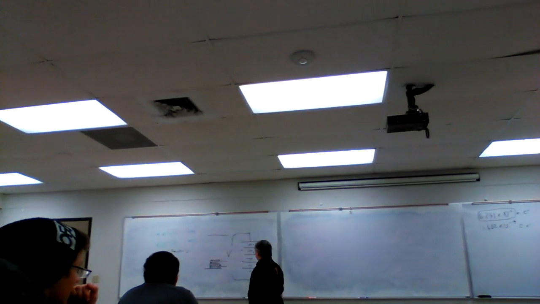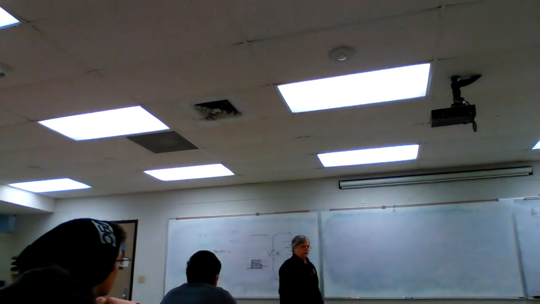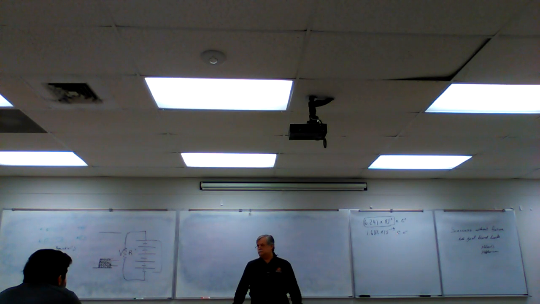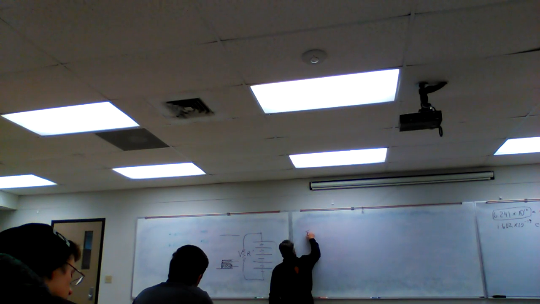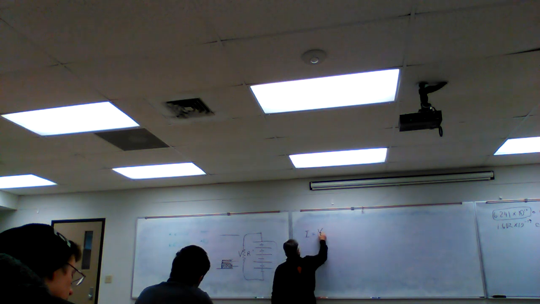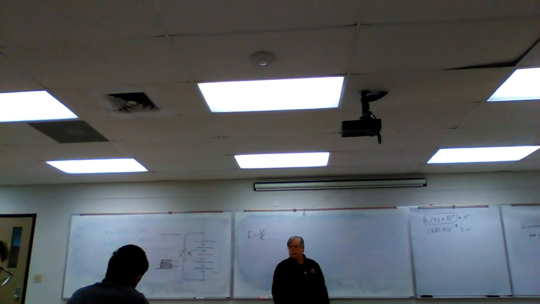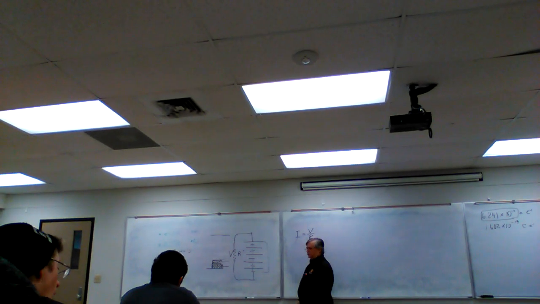What happens when you put a resistor between here? How much current flows? The current is V divided by R. What are the units of current?